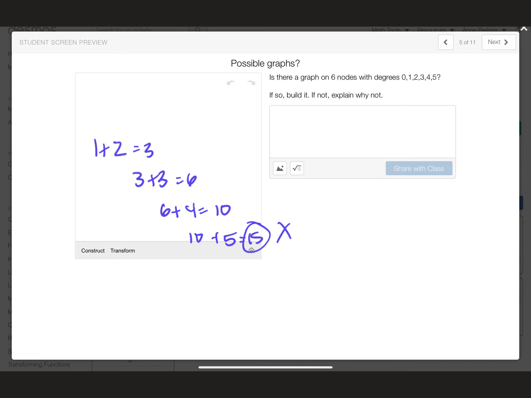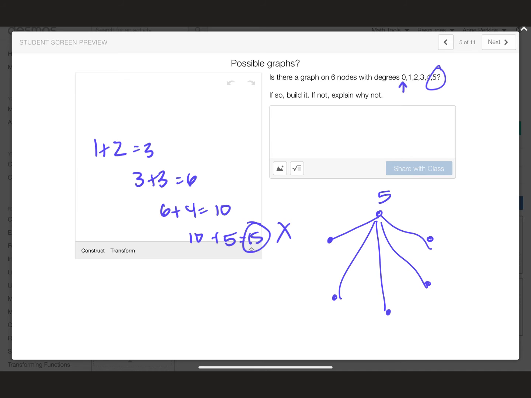It's also kind of interesting though, and it might be worth spending some time. I hope you did this as you were going through it, trying to sketch out what this would look like. You would have to, at least for the 5, and this came up in class. One person said, well, if this is a degree 5, then it would have to go 1, 2, 3, 4, 5. It's not possible to have your degree 0.